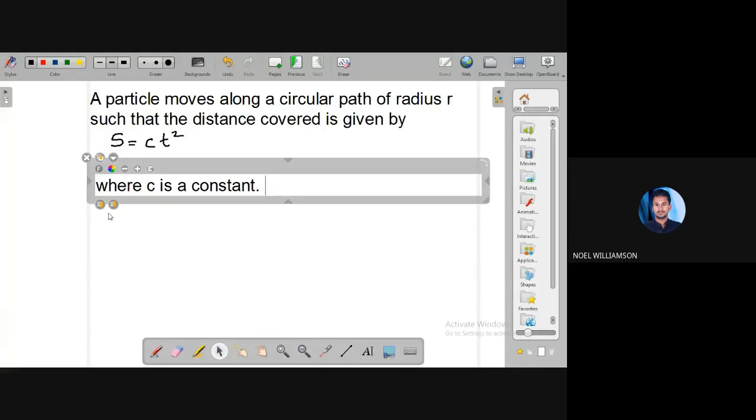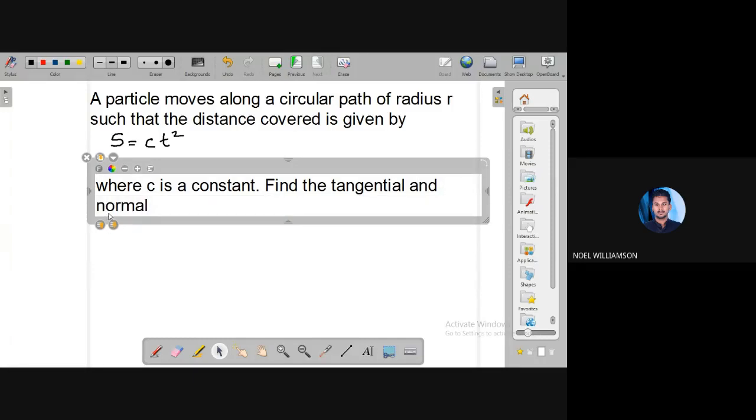Find the tangential and normal component of acceleration of the particle.